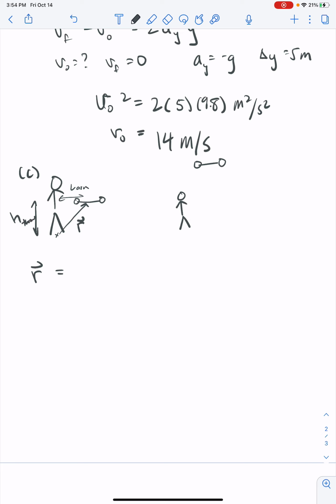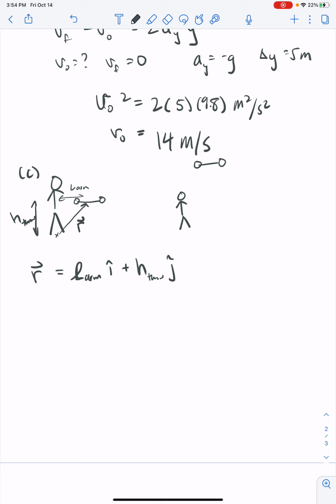Okay, so we can write this as a vector. So the position of the baton at the start is l arm i hat plus, I should make this a lowercase l, even though I told you capital L, just so we don't confuse it with momentum, plus h throw j hat.